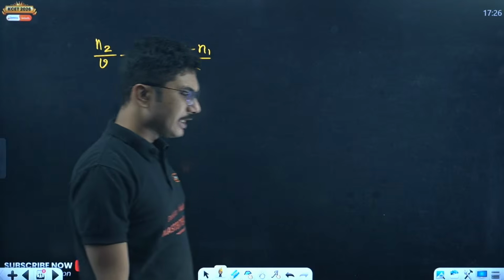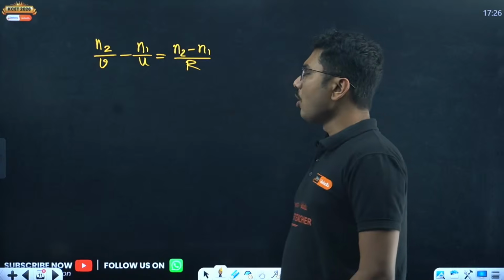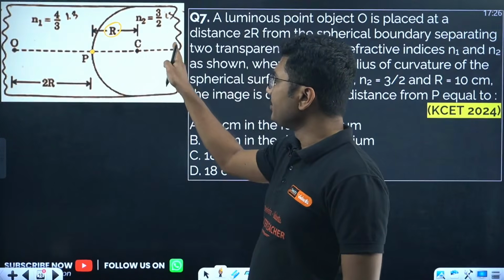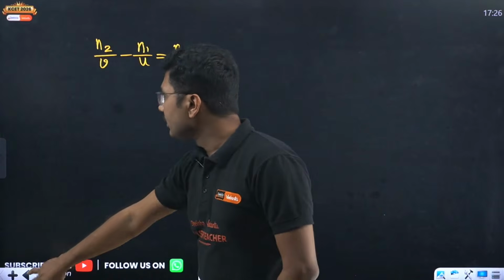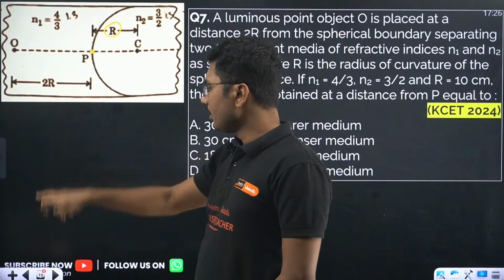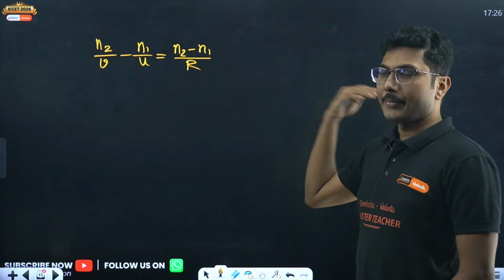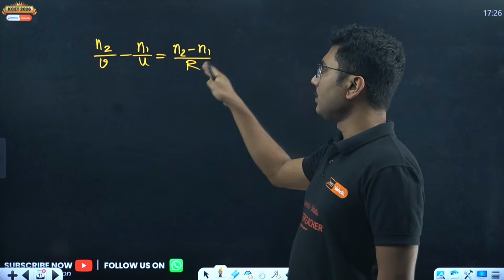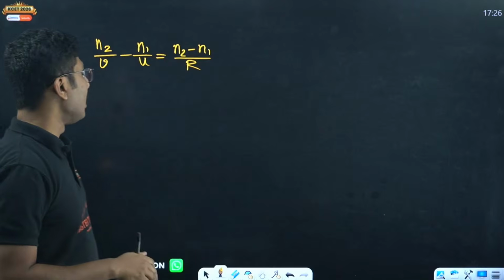It is almost the same as the lens equation, that is 1 by V minus 1 by U is equal to 1 by R. Only difference is generally V happens inside this medium, so the refractive index of this medium divided by V, and U is in this medium, so this refractive index by U. That is how you should remember it. And N2 minus N1, the difference between these two, divided by radius of curvature is the formula.